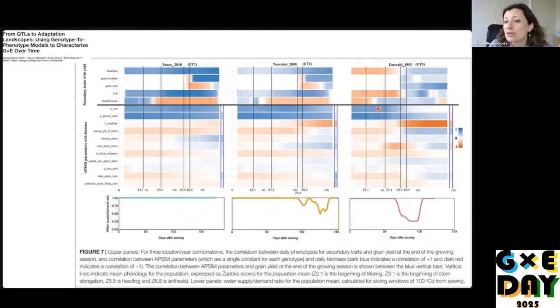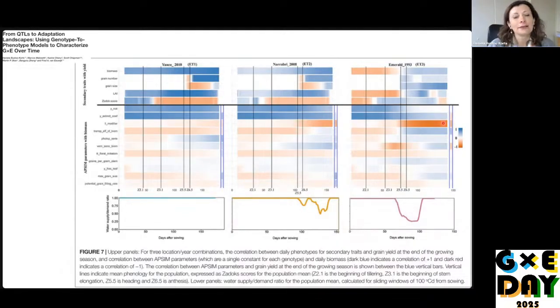We have a positive correlation, then zero correlation. The same for water limit, especially in dry environments. The correlation was zero, and then it becomes positive. So because each trait is activated or deactivated depending on the environment and depending on time, something that is constant can vary in its importance to yield.